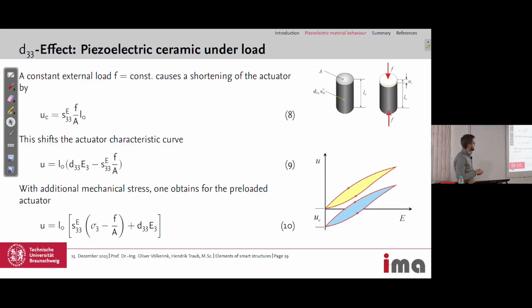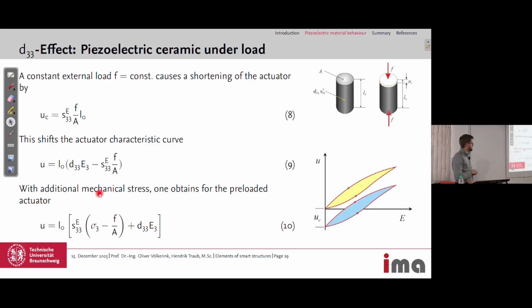And if we use this in the equation from before, so if we add this to the equation, then we can see now, with the hysteresis again to show it, but we are at the small signal behavior, so it would only be a line, but to show the effect, we would shift the characteristic curve just a bit down with a constant loading.